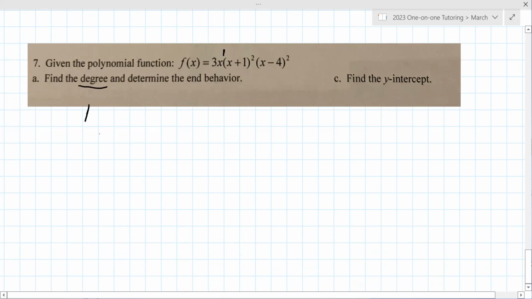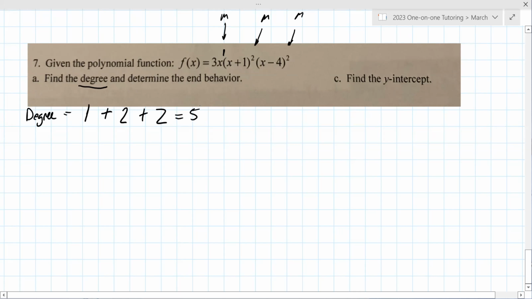So you've got a multiplicity of 1, plus a multiplicity of 2, plus a multiplicity of another 2 there. Sorry, I don't like the way I did that. So these are the multiplicities, as you know, and that gives you the degree. You don't want to multiply it out.